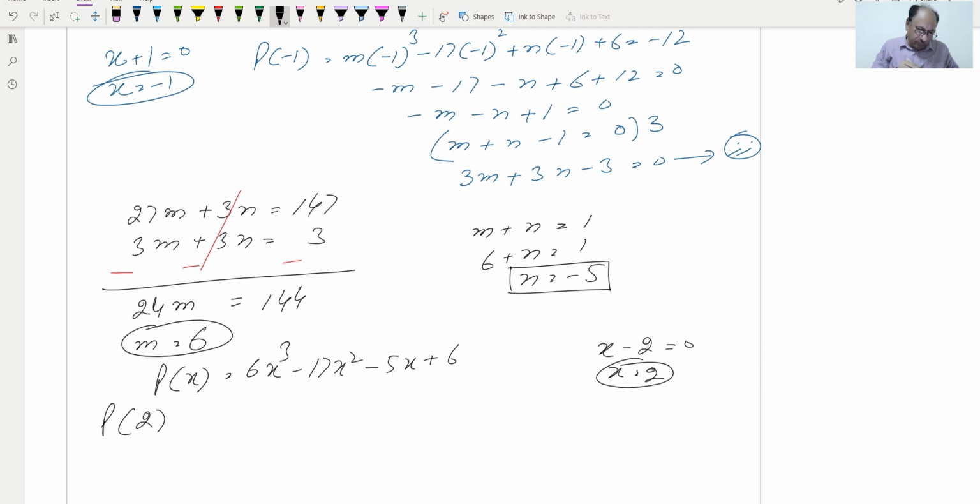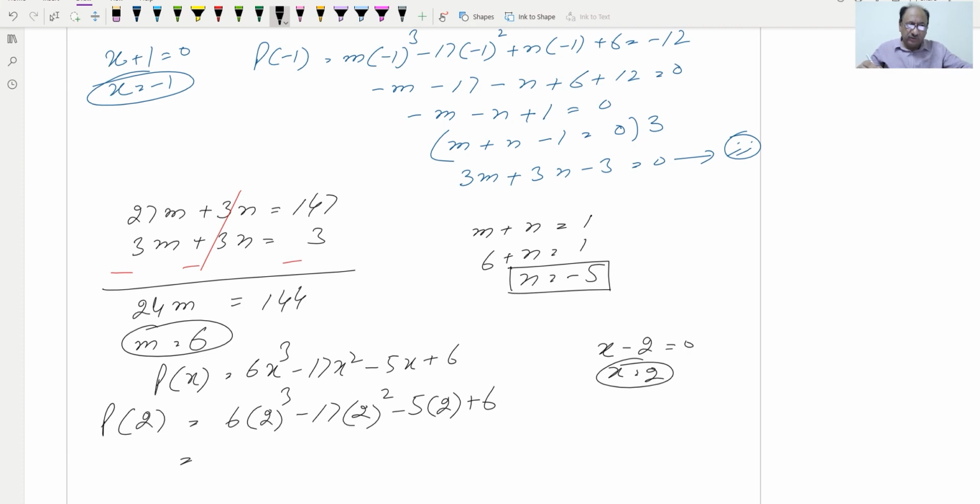This is how we are finding this. So p of 2 will be 6 into 2 cubed minus 17 into 2 square minus 5 into 2 plus 6, and this will be equal to what?